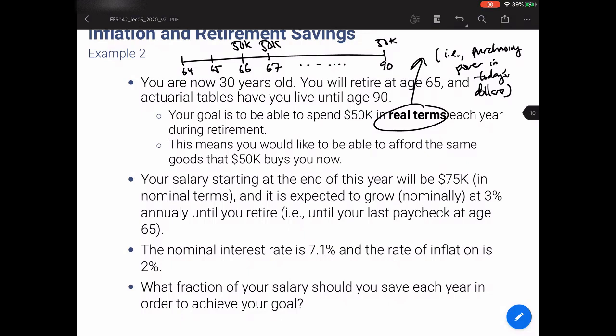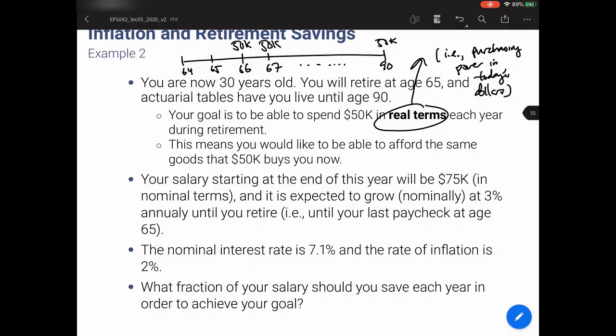You can think of these two numbers as averages over our lifetime, which for our sake is not unreasonable. So the question that's being posed to you is, what fraction of your salary should you save each year in order to achieve your goal of being able to afford such a payment from age 66 all the way to age 90, or to our deaths?